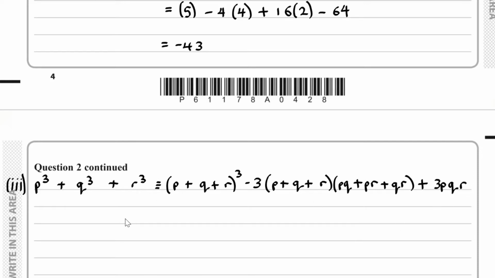It's a standard result which I recommend you all go over. And if we work this out, we have 2 cubed minus 3 lots of 2 lots of 4 plus 3 lots of 5. It turns out we get minus 1.